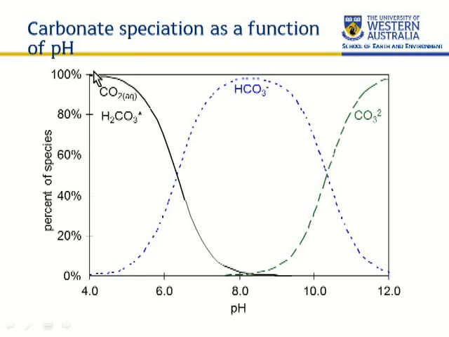So CO2 dissolving in water gives carbonic acid, which as pH increases progressively dissociates to give bicarbonate in natural systems. Bicarbonate would be the predominant carbonate species above pH 6.5 or so, and below about pH 10.5.